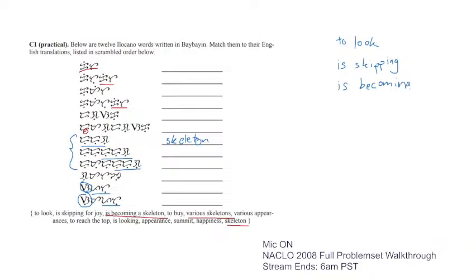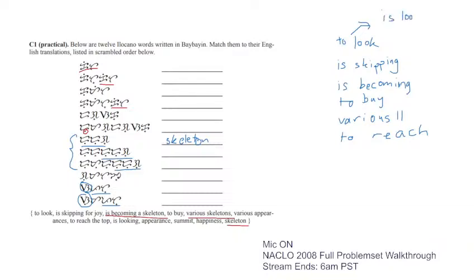Oops. To buy. Various blank. Various again, so we have 2 of those. To reach the top. Is looking, which would relate to look likely.